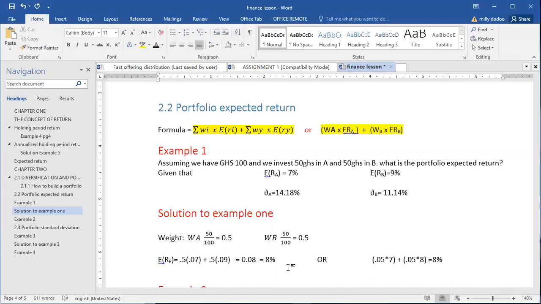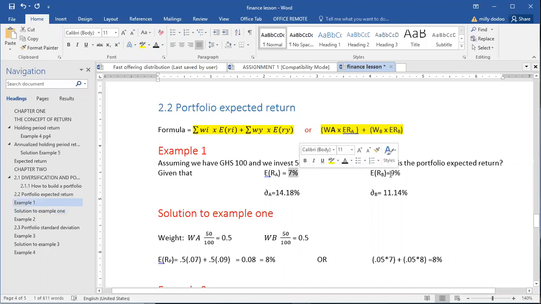Now, there is something funny about this. Whenever you are supposed to find portfolio expected return, portfolio standard deviation, and so on, for the portfolio expected return there is no way the answer you get will lie outside 7 and 9%.